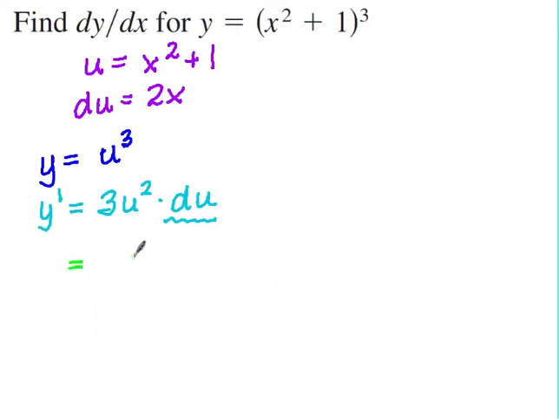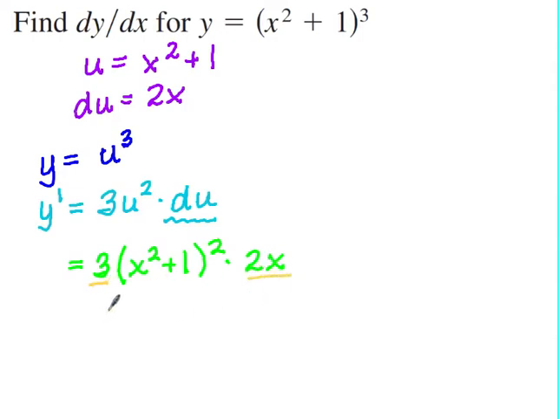So I've got 3u squared, so x squared plus 1, quantity squared, and then times du, which is 2x. Very good.